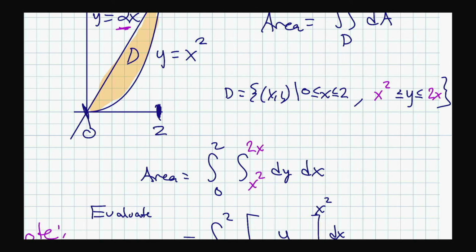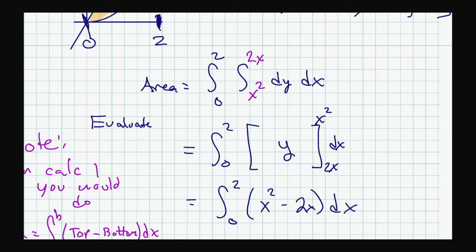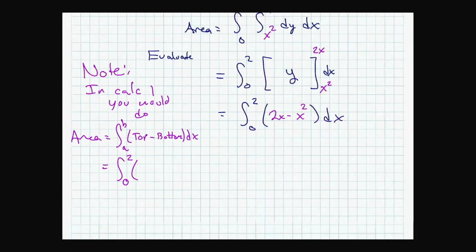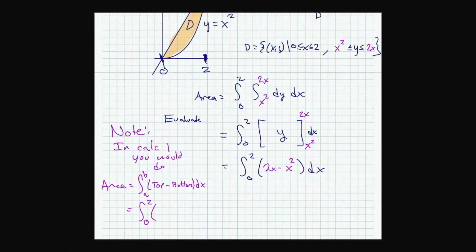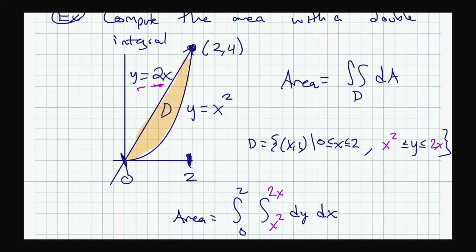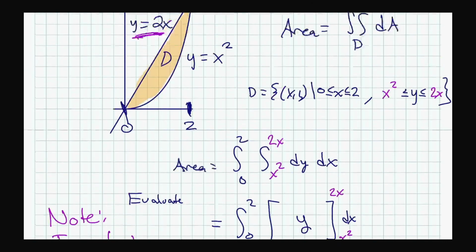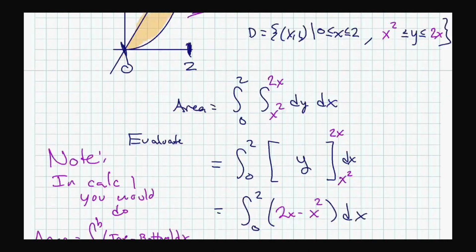Which means you got to fix them here: 2x, x squared. Okay, so in Calc 1, you would have done this with top curve minus bottom curve, and the top curve is y equals 2x, and the bottom curve is y equals x squared.